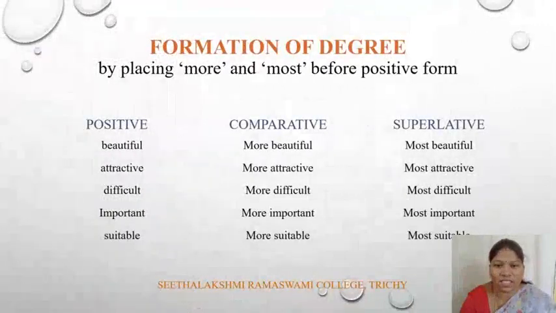In this slide, we can see the formation of degree by placing more and most before positive form. Beautiful, more beautiful, most beautiful; attractive, more attractive, most attractive; difficult, more difficult, most difficult; important, more important, most important; suitable, more suitable, most suitable.